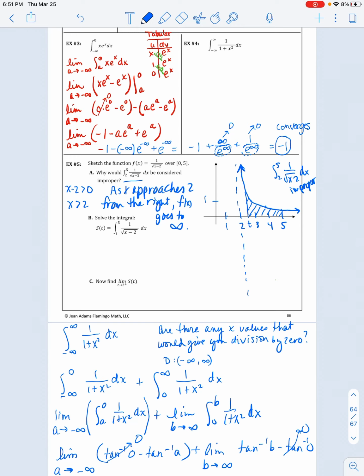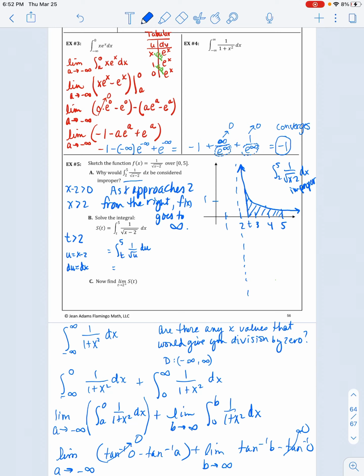So what they're having you do for part B is they're saying, well, what if we just decided that this was some value t? And we would have to say t would have to be greater than 2, right? Then what would this integral be? And so we would look at this as the integral from t to 5 of 1 over the square root of u du, because if I made my u x minus 2, my du is just dx.